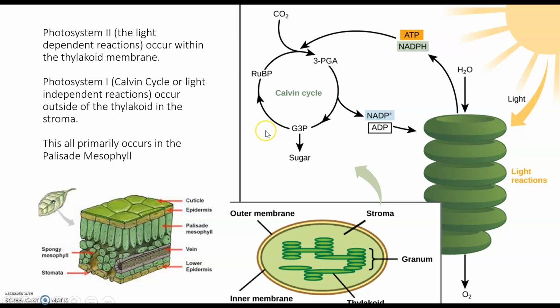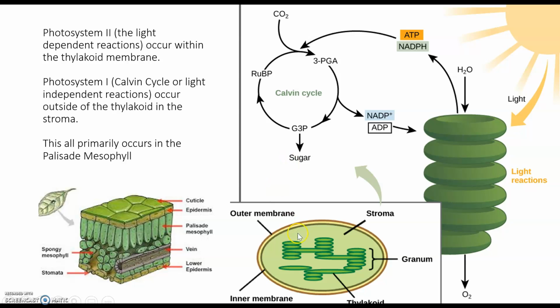So if we are looking inside of our chloroplast, here is photosystem 2, and out here in the stroma is photosystem 1. So this is our stroma happening in photosystem 1.